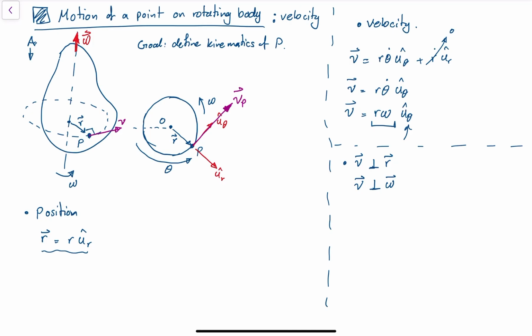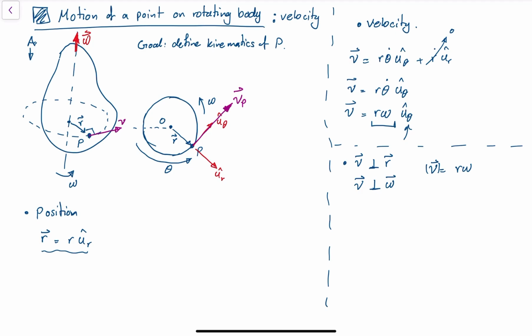So now you have a vector v whose norm is r omega. Its norm is the multiplication of norms of two vectors, and your vector is also perpendicular to both of those vectors.